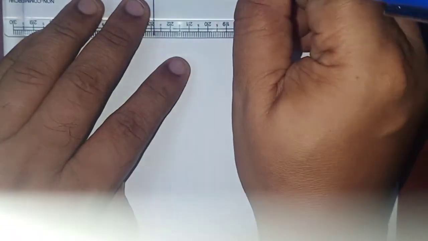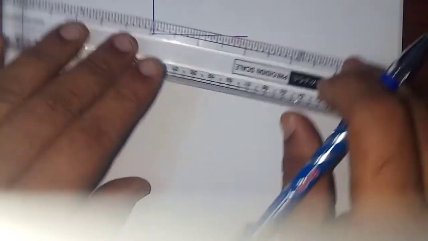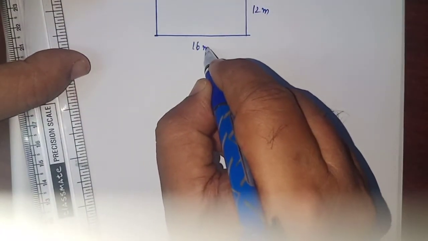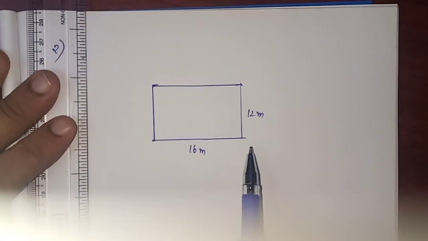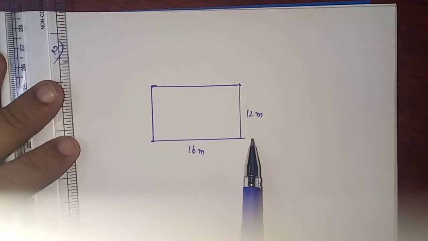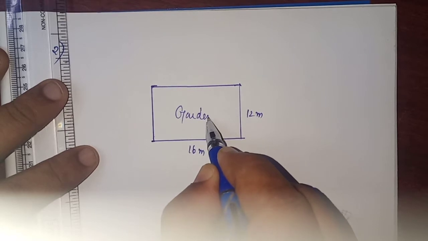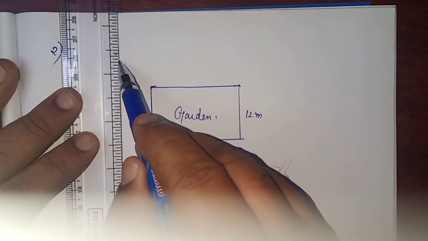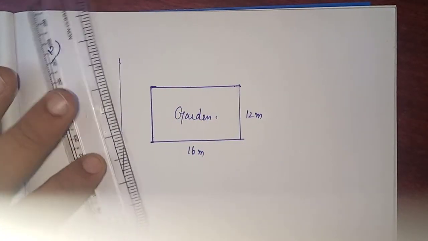Garden (12 meter, 16 meter). 16 meters length and 12 meter breadth. So garden. Around the garden there is a pathway of uniform width.